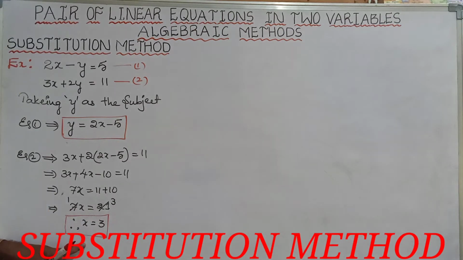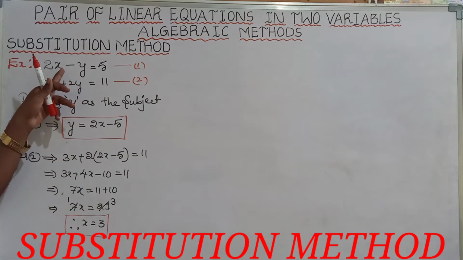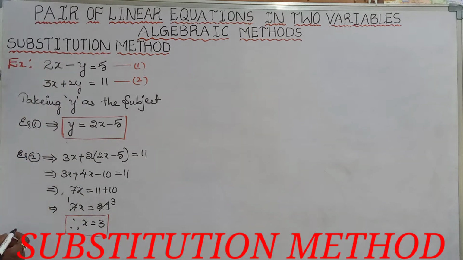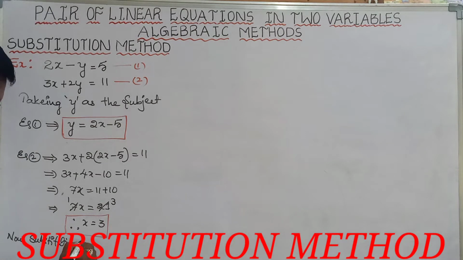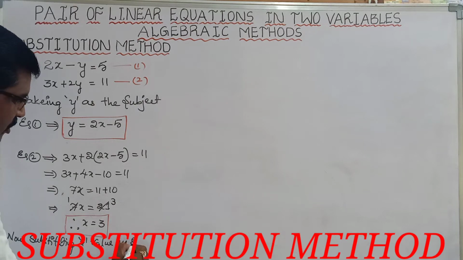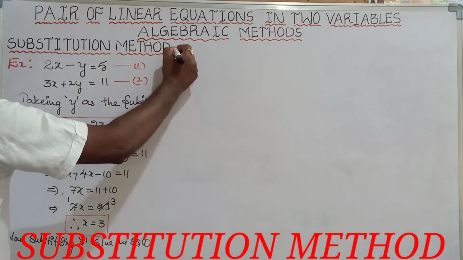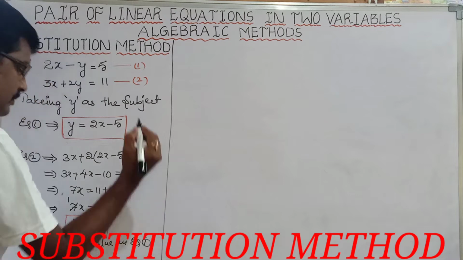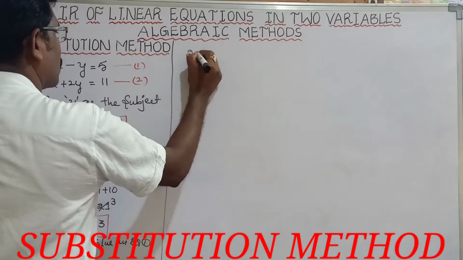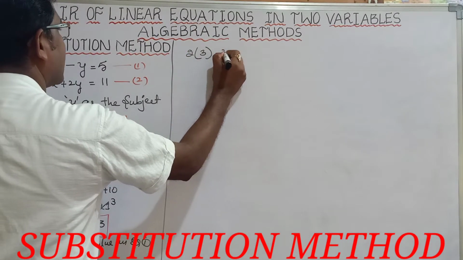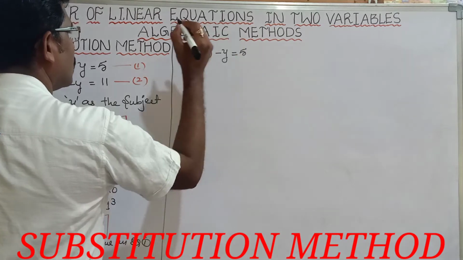This x value we again substitute in equation 1 or 2. Now substituting the x value in equation 1: 2 into 3 minus y is equal to 5.